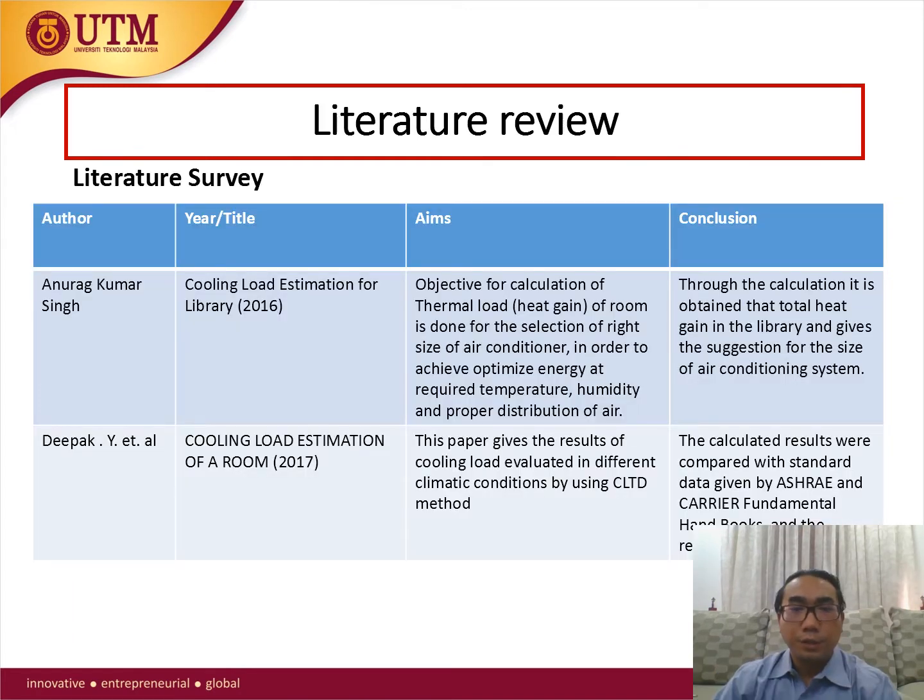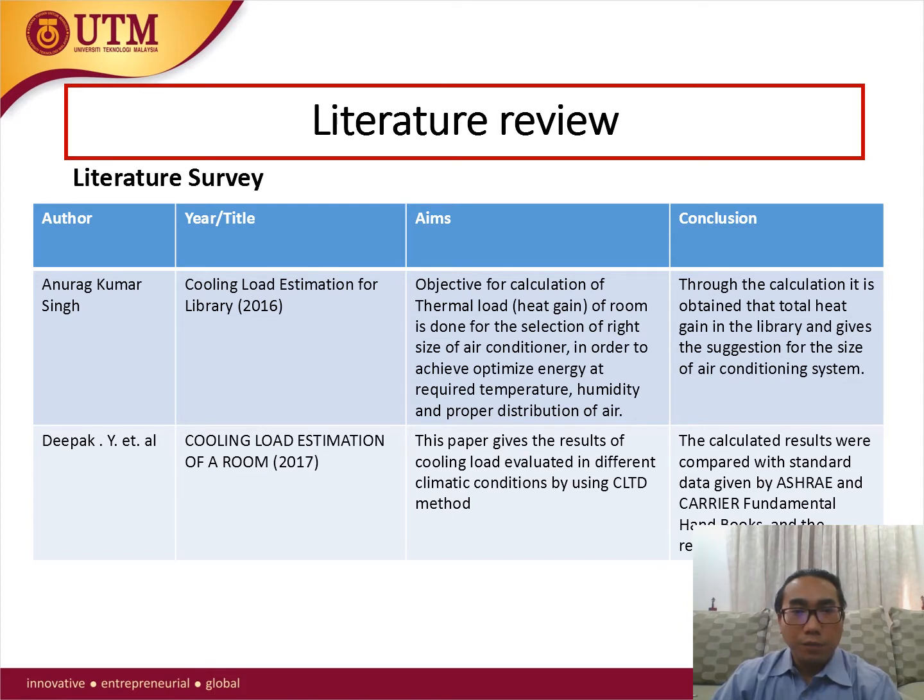For the literature review, I have conducted 5 literature surveys for my study. For literature survey number 1, the title is Cooling Load Estimation for Library, conducted by Anurag Kumar Singh.